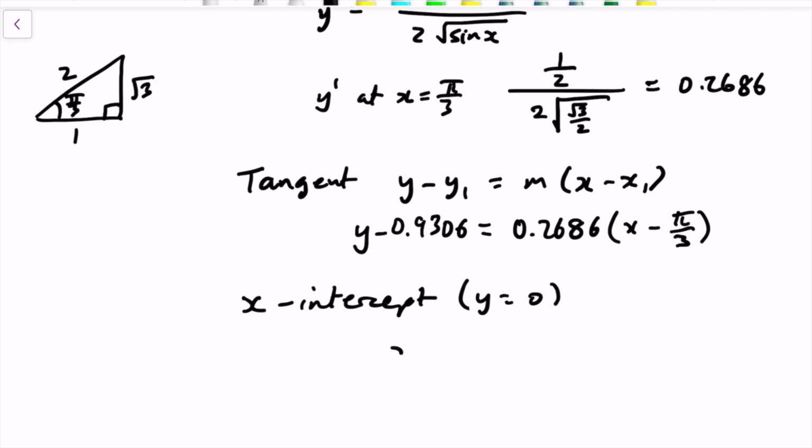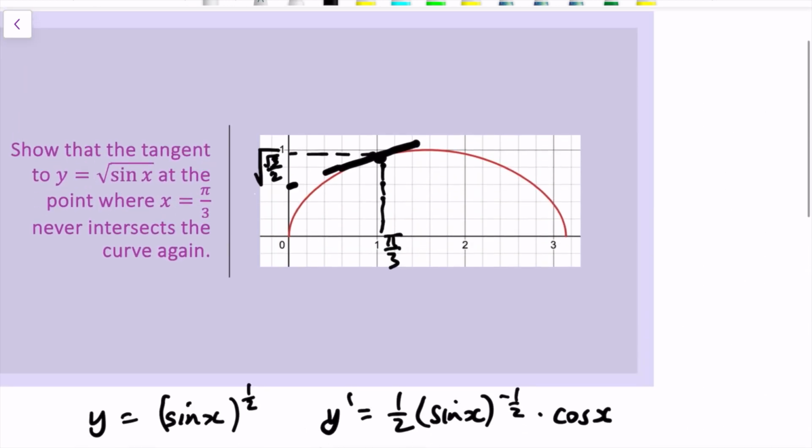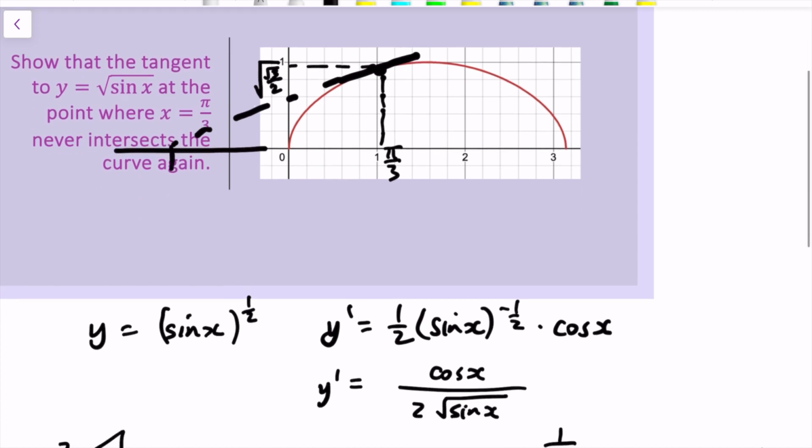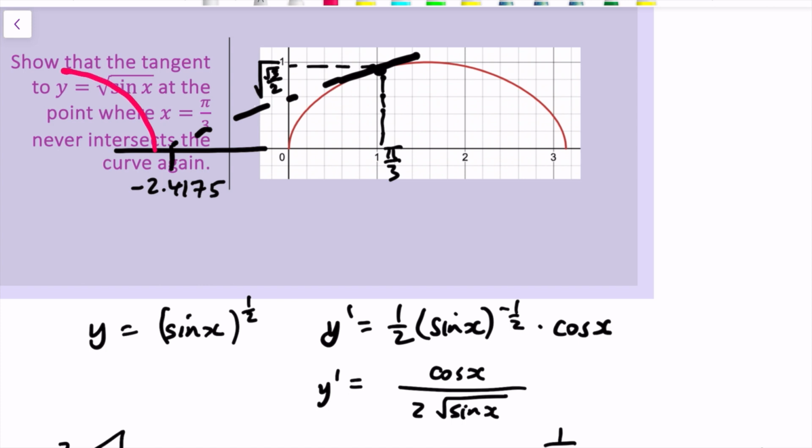There's going to be potentially a little bit of tolerance there for rounding. And then we go back to that. It means that our tangent comes down here and our x-intercept of the tangent is minus 2.4175. And then we just need to argue or give a valid reason as to why the graph there starts after, or more negative than, minus 2.4175.